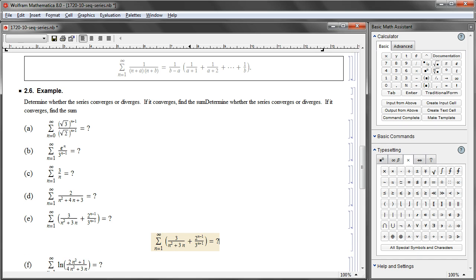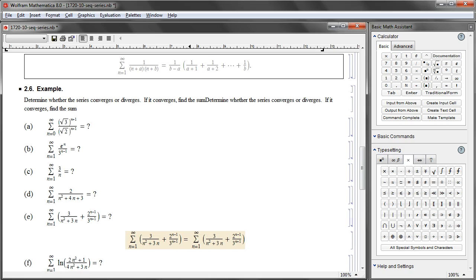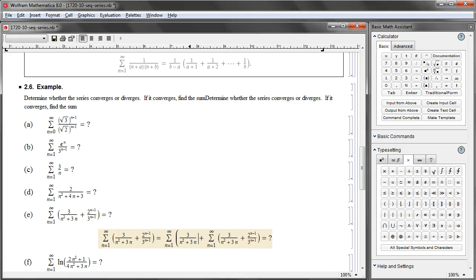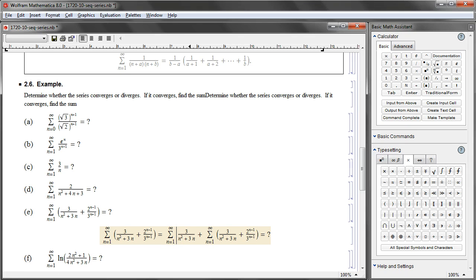This one is equal to this one plus that one. And the first series is a little bit difficult to find out. It'll turn out to be a telescoping series, which I'm going to talk about in the next segment of the video. And this one will be a geometric series.